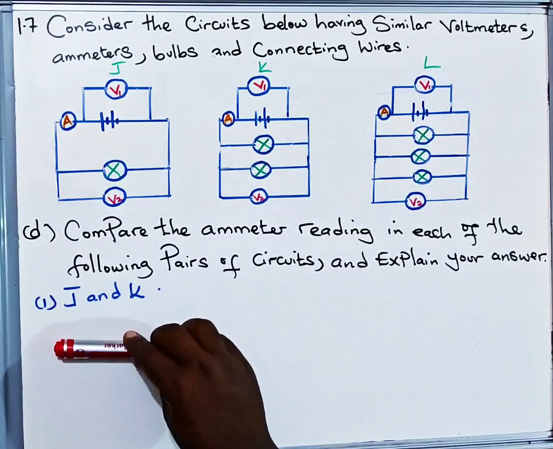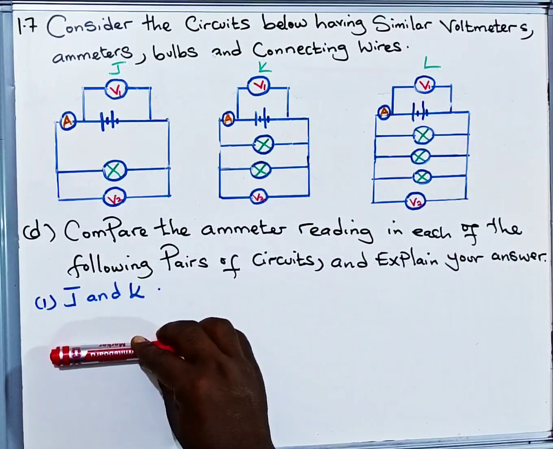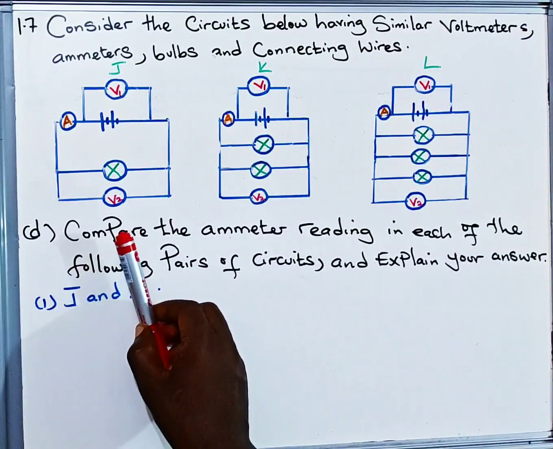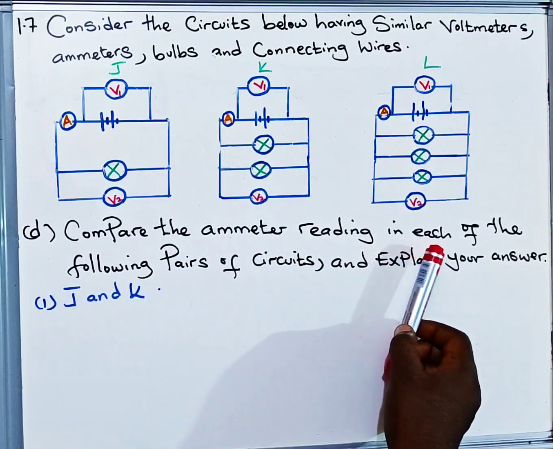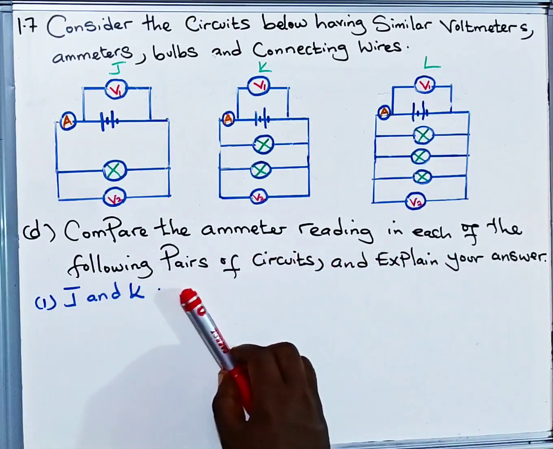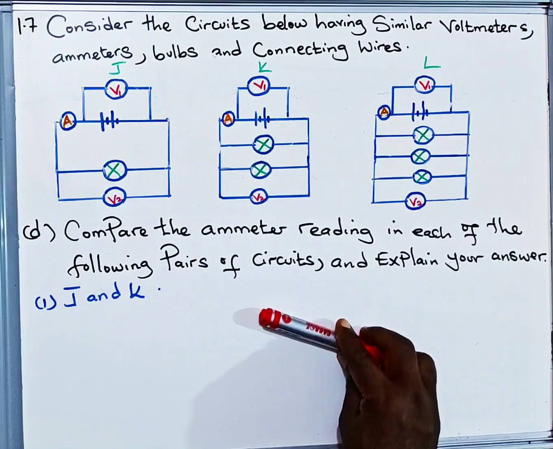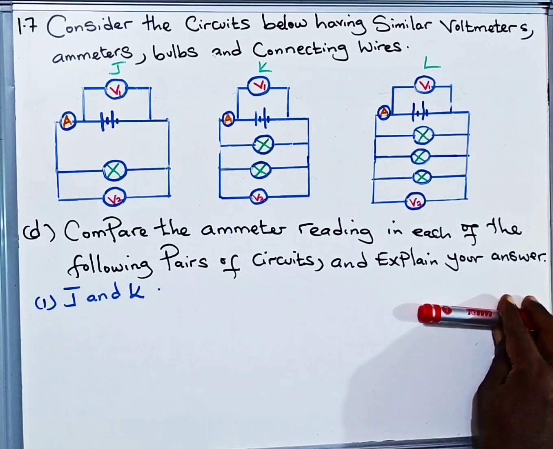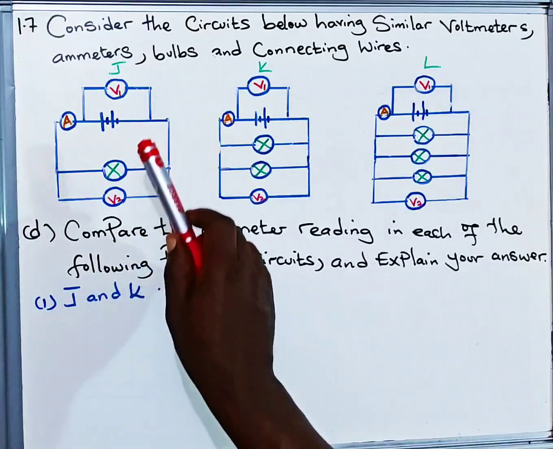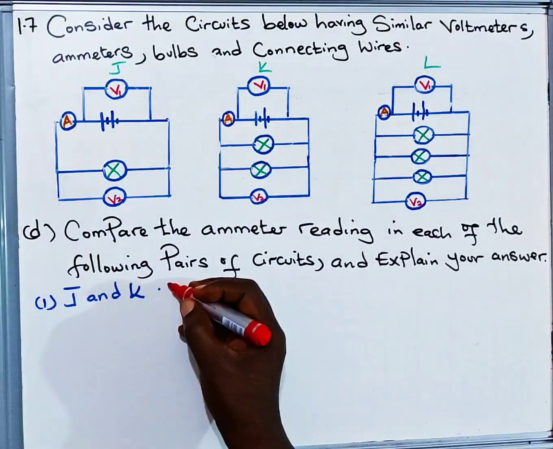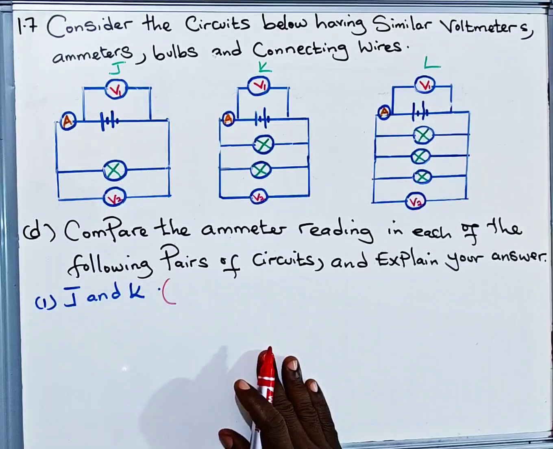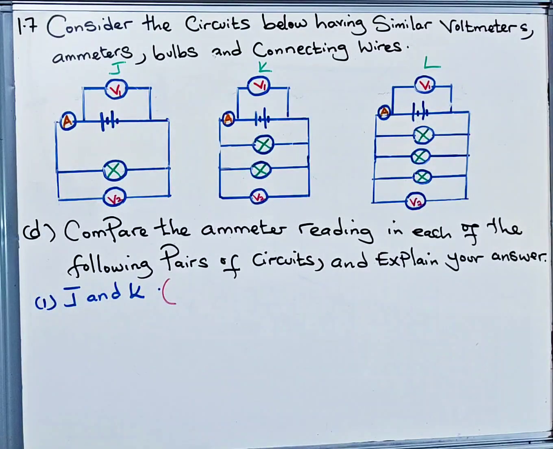Then we come to this question. It says, compare the ammeter reading in each of the following pairs of circuits and explain your answer. The first one is J and K. How are they related?